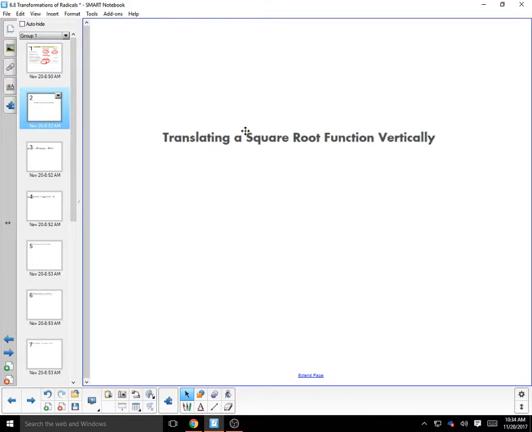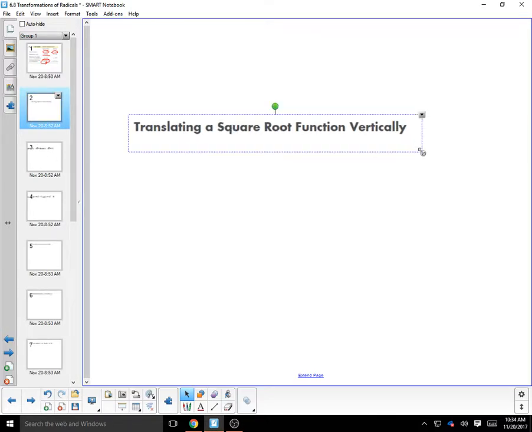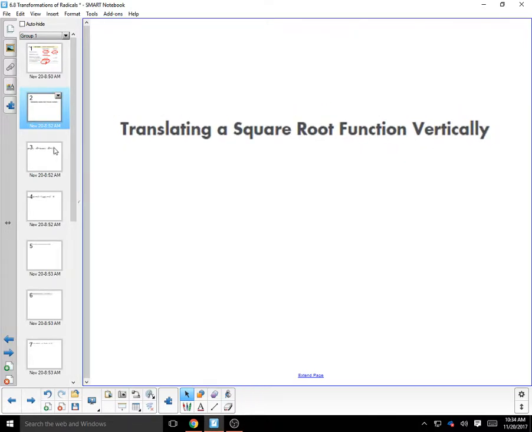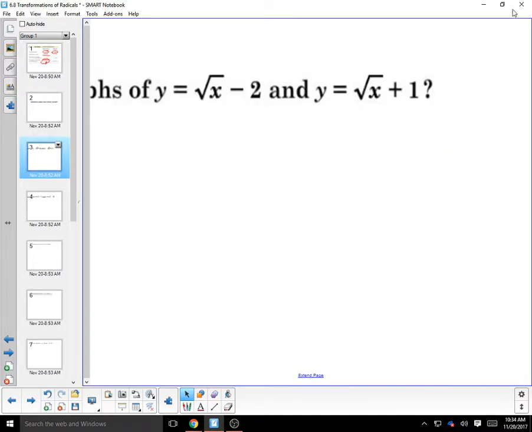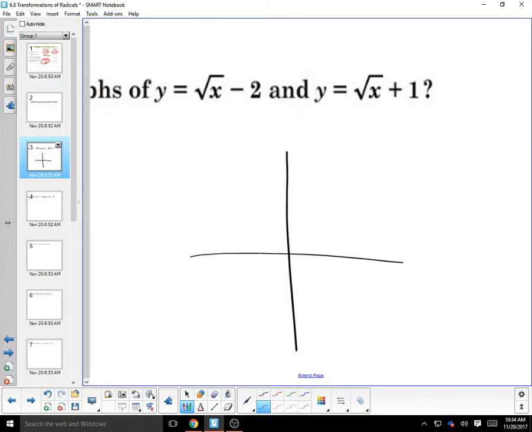Okay. Translating vertically. I'm just going to run some sketches real quick because I really don't want to spend too much time on this. That first function says y is equal to the square root of x minus 2. Here's the square root of x. What does square root of x minus 2 look like? I know that's not exact, guys, but you get a good idea of it.